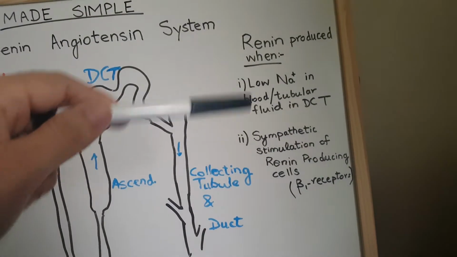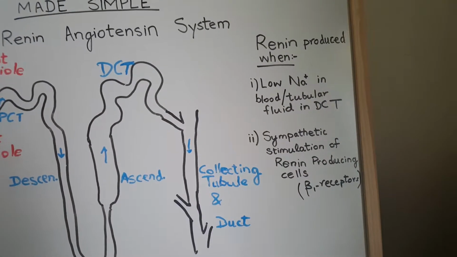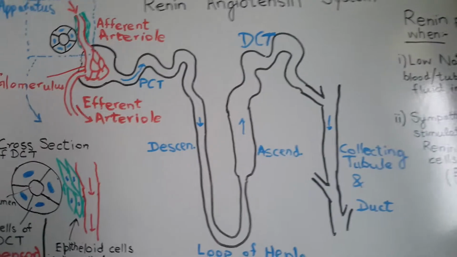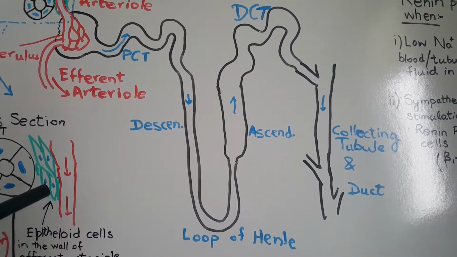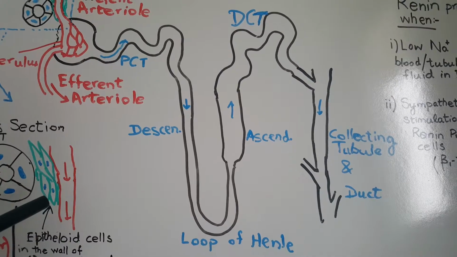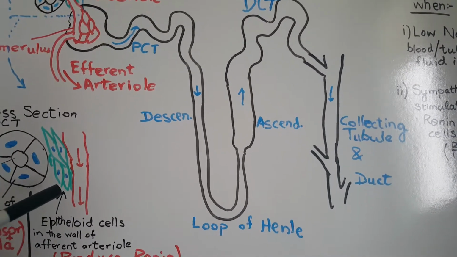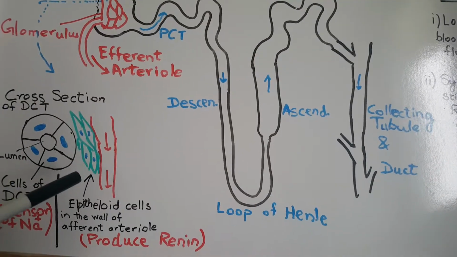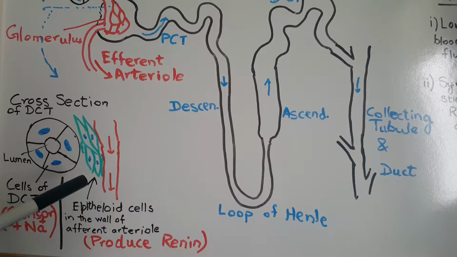There is another direct way of producing renin. These epithelioid cells receive nerve endings from the sympathetic nervous system, and these epithelioid cells have beta 1 adrenergic receptors.